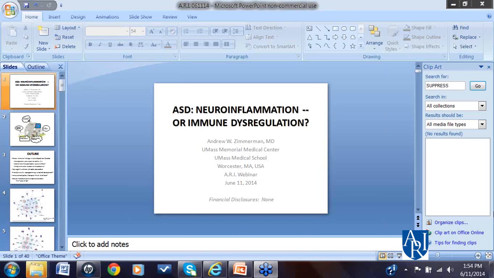Tough question. It's possible to do testing at commercial labs of different elements of the immune system. I think probably the most useful ones are the immunoglobulins, IVIG, and the subsets. You can also get testing of T-cell subsets.